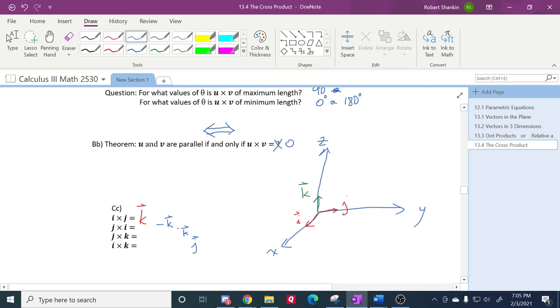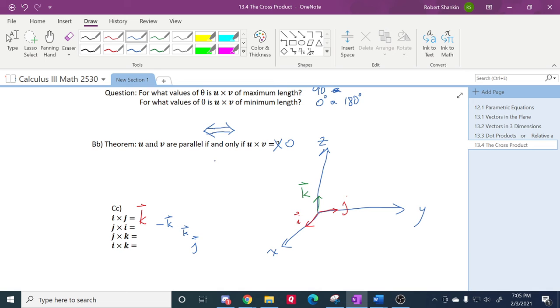And then the J cross K, J and K. So I'm going to put my right hand resting on the monitor, and my thumb is pointing directly towards my face.